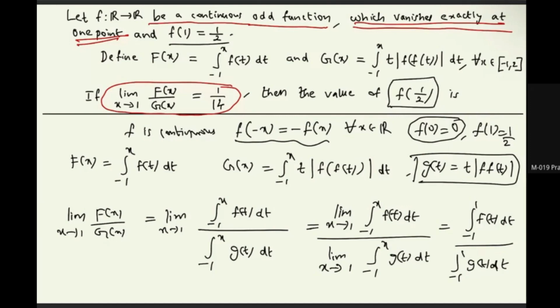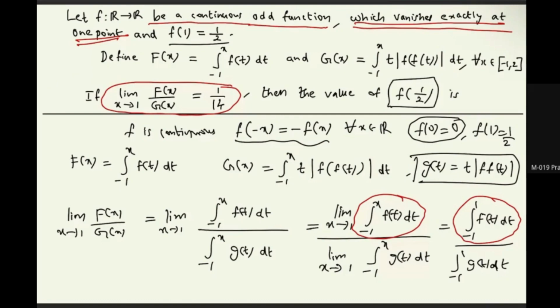Why is that, first of all, before going into what the value is 0? Because the limit as x tends to 1 of the integral from minus 1 to x of f of t, why is the value obtained when we replace x with 1? What are we using there to say that the limit of this function is the function evaluated at 1? We are using the fact that this function is continuous. We should not miss that point.